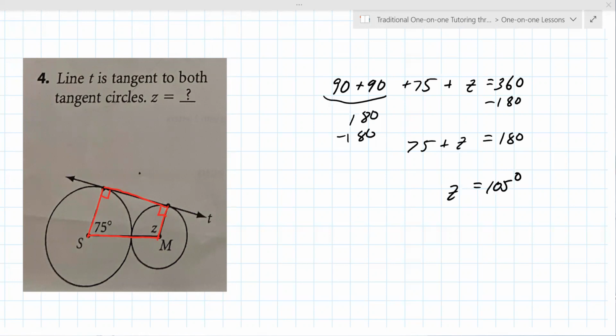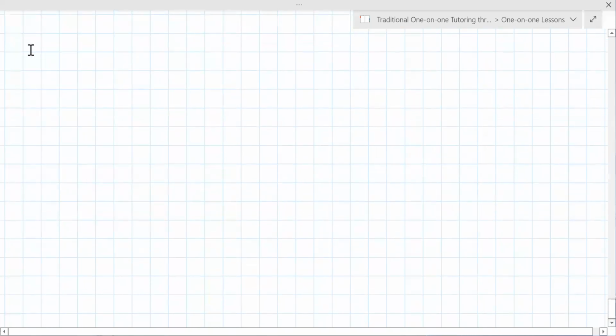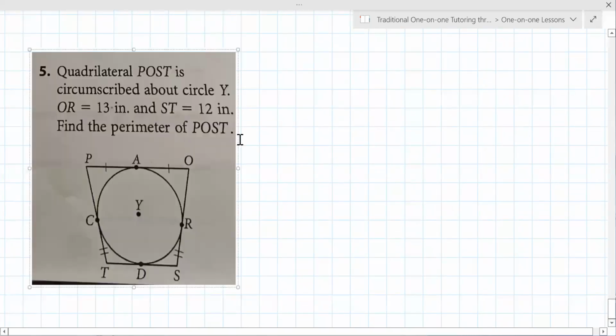Now, on this problem, the instructor is kind of going around telling you what you're doing here, because there are some formulas that I haven't given you yet that might have been more useful, but we'll just keep going. So the quadrilateral is circumscribed. Circumscribed, you've got to remember, means on the outside.